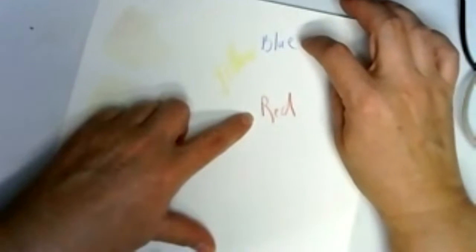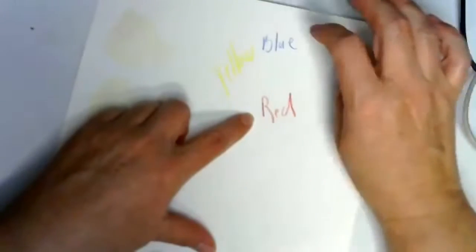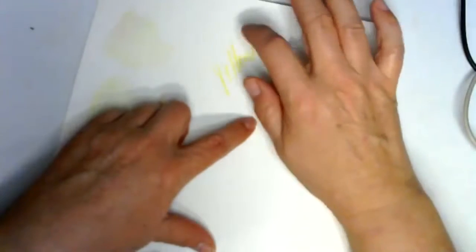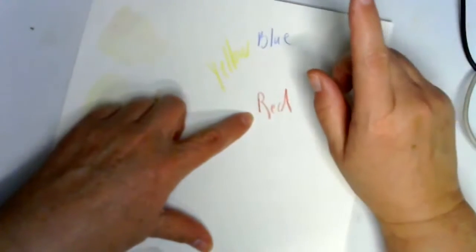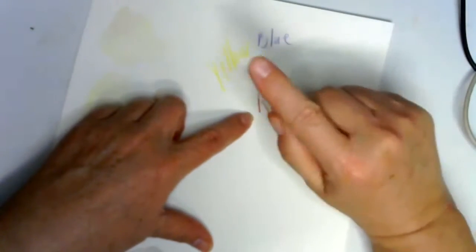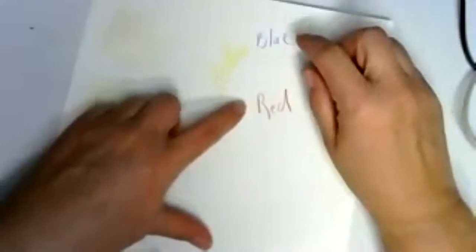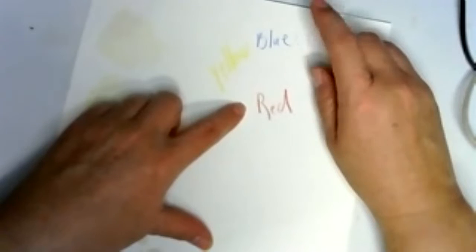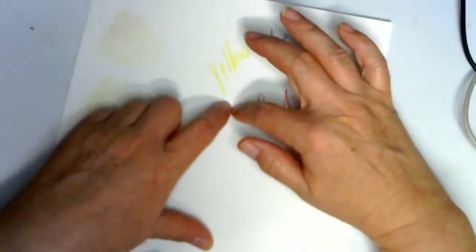Okay, so we've got blue, red, and yellow. That's our primaries. Our secondaries are the colors that are made from them. Then we have what are called complementary colors. Our complementary colors are the colors that are opposite.